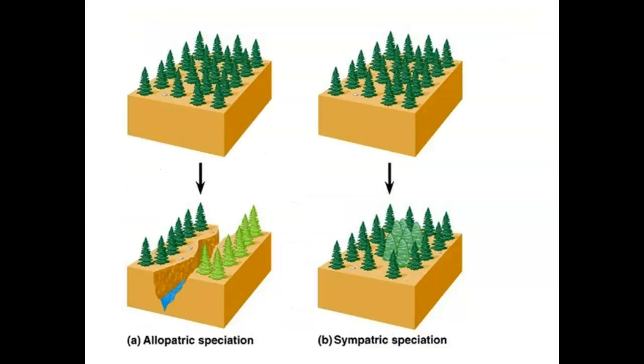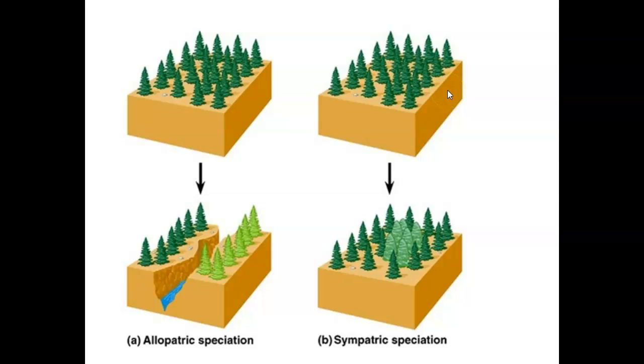So let's go ahead and compare the 2 types. Allopatric, this is the most common type. Notice there's one kind of geographic isolating factor, a barrier, and they produce 2 different kinds. Allopatric, they're in 2 different locations.